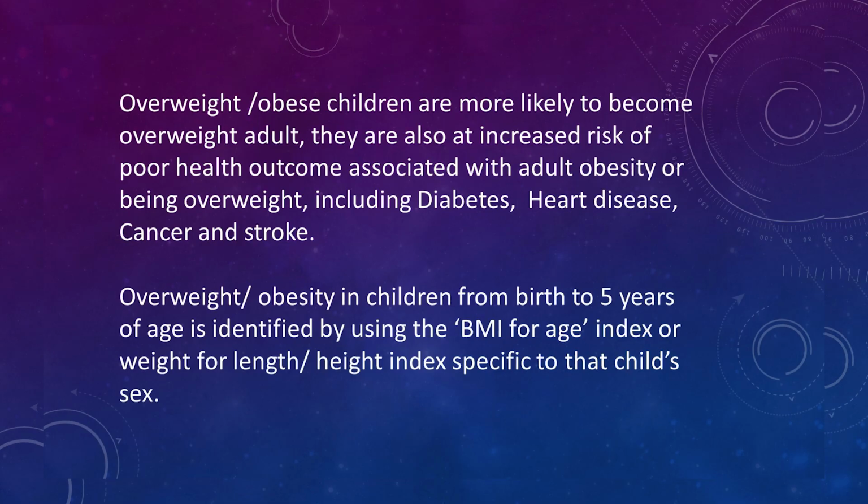Children who are overweight in childhood may suffer from diseases in adulthood, as I told you earlier: diabetes, heart disease, cancer and stroke. This is an area of concern in obese children.